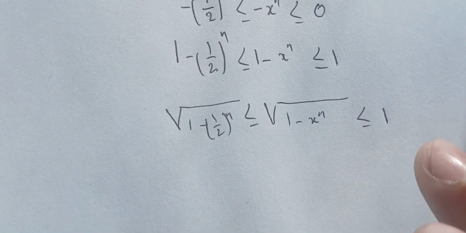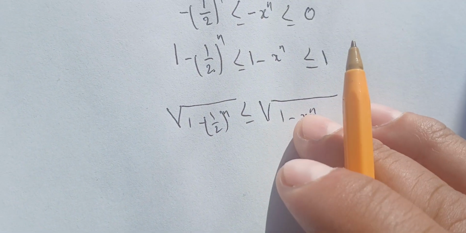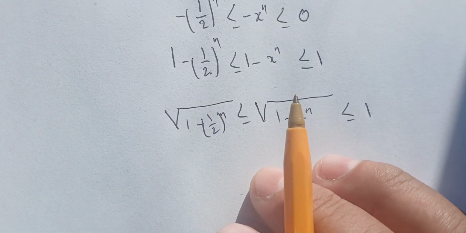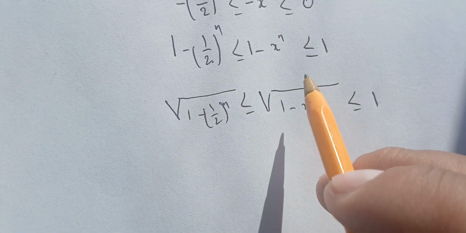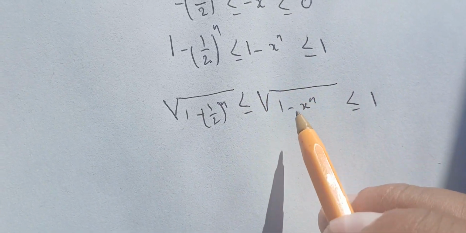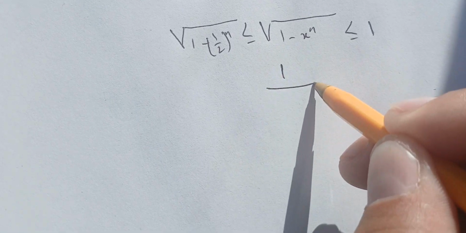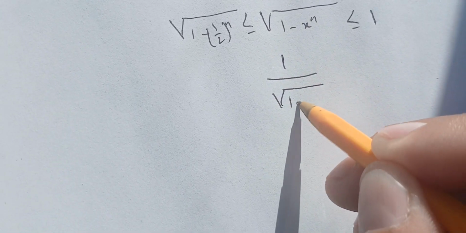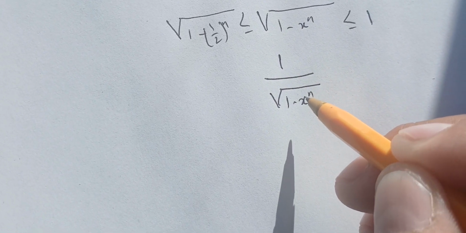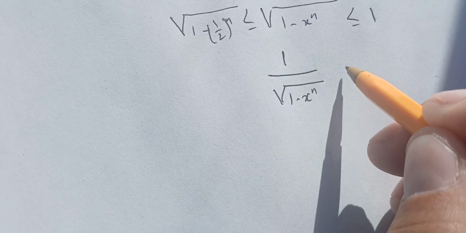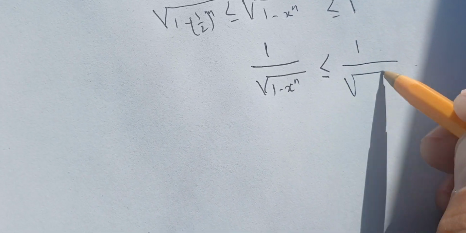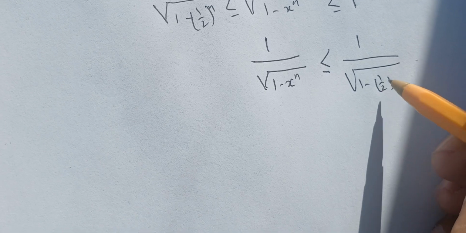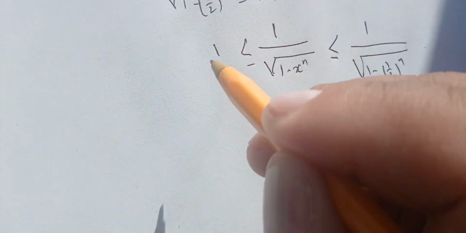Now we flip everything. Everything is positive, so we invert our values. Everything is going to change, except that this function, when we flip it, is going to stay in the middle. So we have 1 over the square root of 1 minus x to the power n is less than 1 over the square root of 1 minus 1/2 to the power n, and it's bigger than 1.